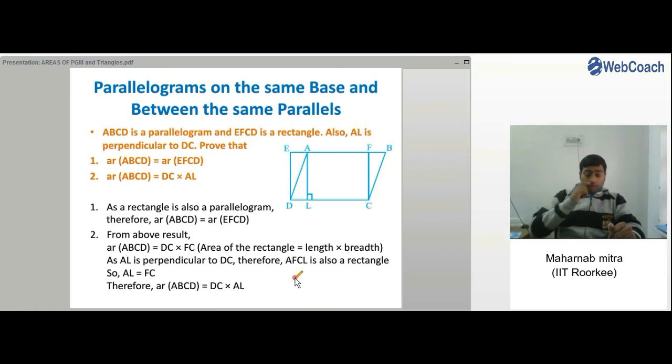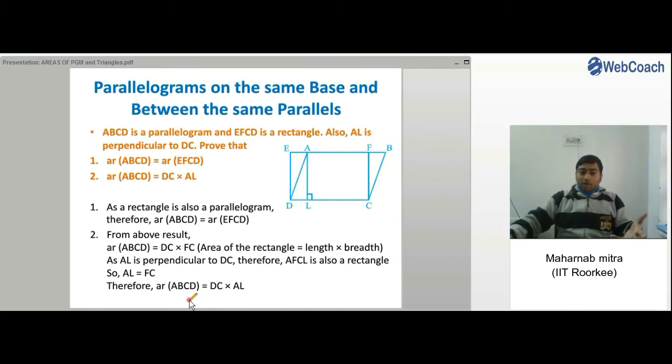So we have proved the given question, whatever was given, by using the simple concept that areas of parallelogram on the same base and between the same parallels are always equal. And also you can get one more information from this, that if anyone asks you to find the area of a parallelogram given their base and the height of the parallel sides, if these two parameters are given, you can easily find the areas, right?